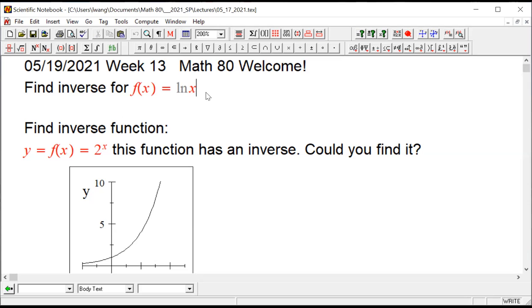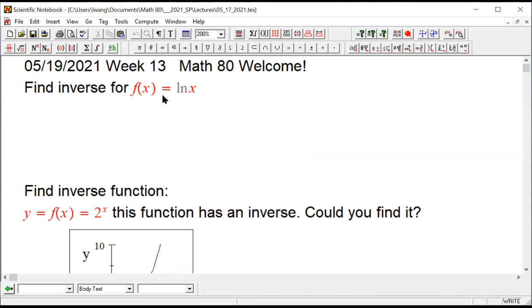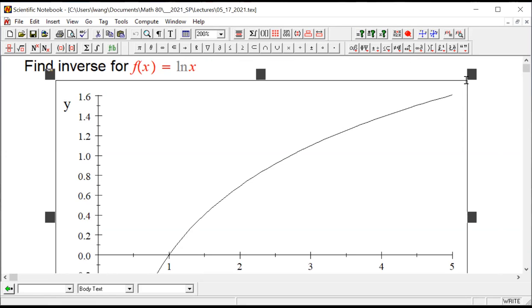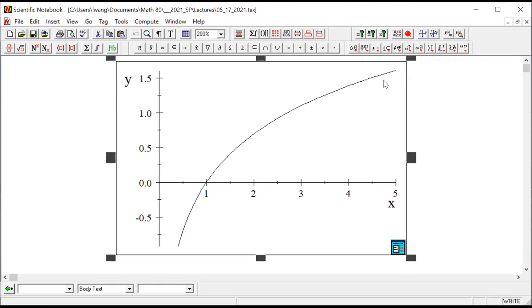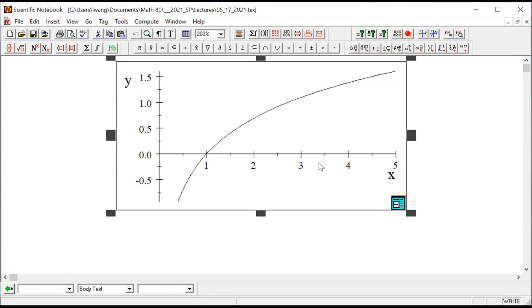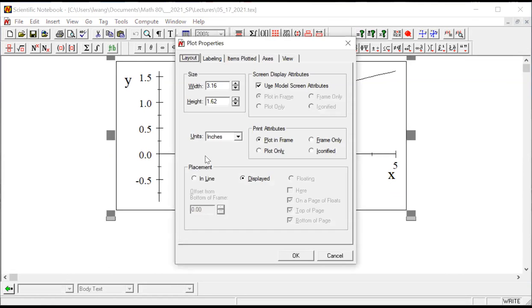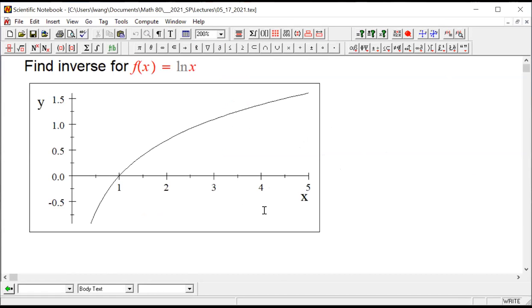So what is the picture of ln x? Could you guys sketch it? The graph. We've done the graph so many times, so this is the time to use it. That's ln x. We know its domain and range. Does it pass the horizontal line test? Yes, it does.